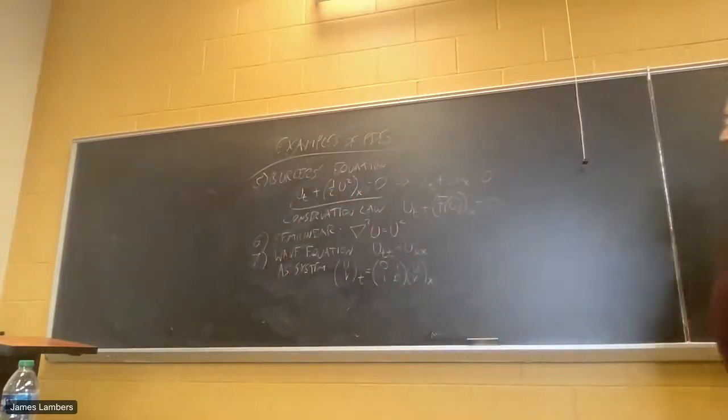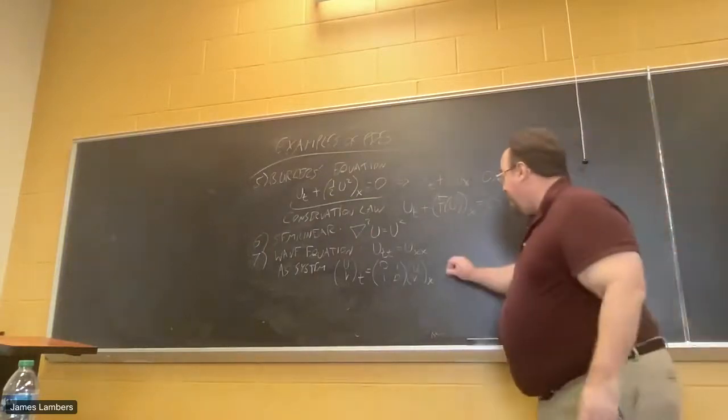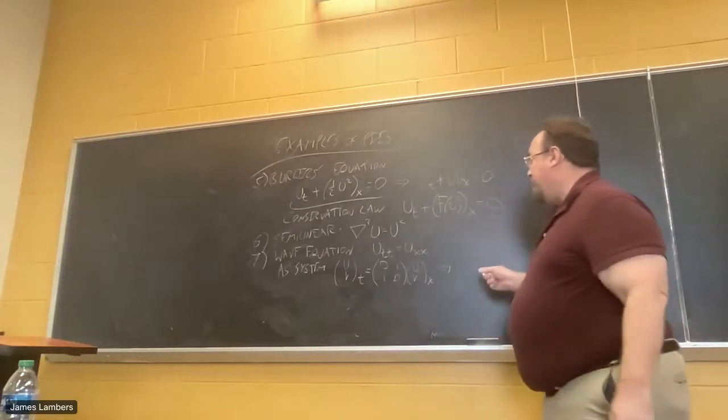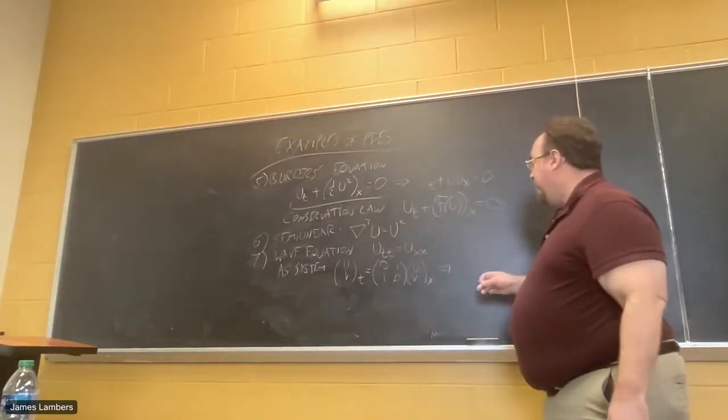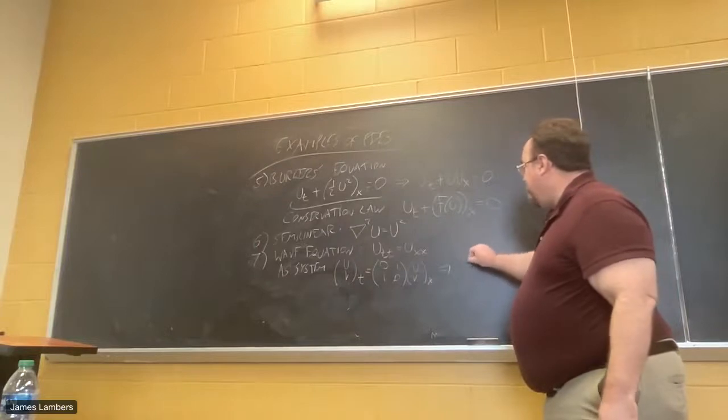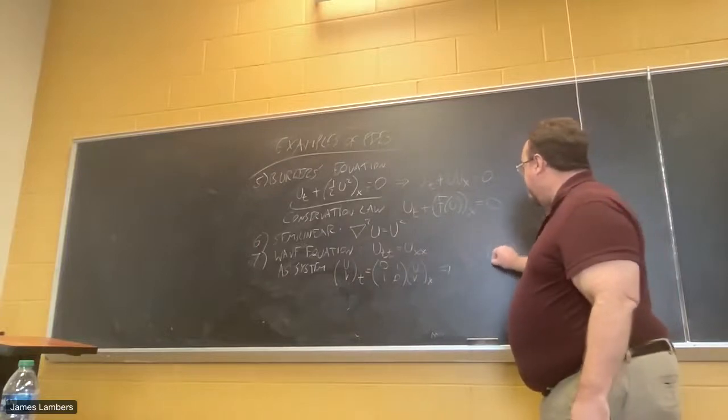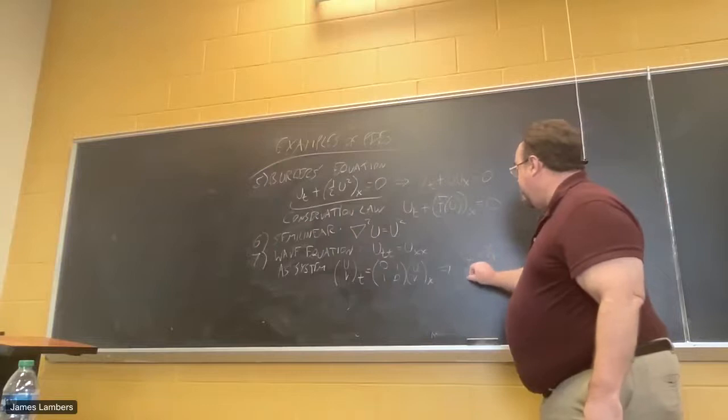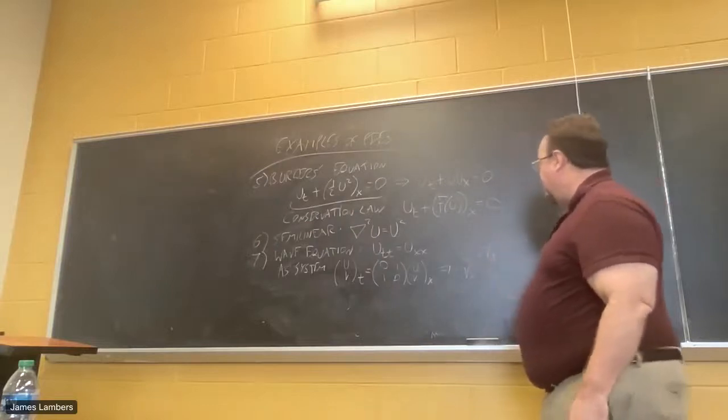So this is a system of two first-order linear PDEs. If I were to carry out the matrix vector multiplication, that would give me ut equals vx, vt equals ux.